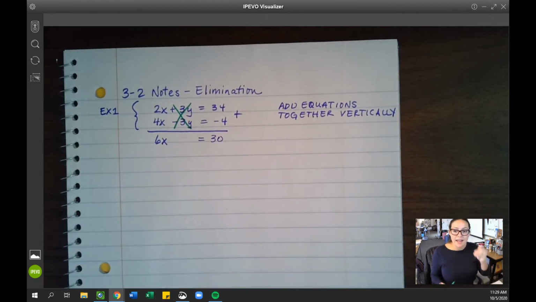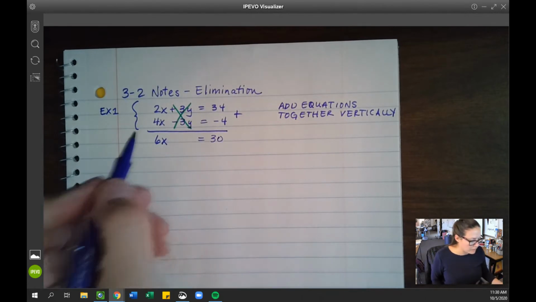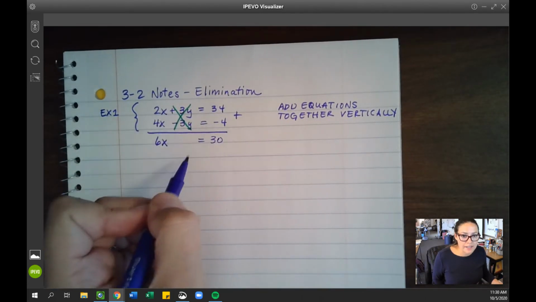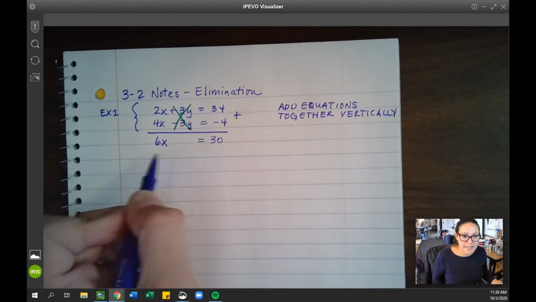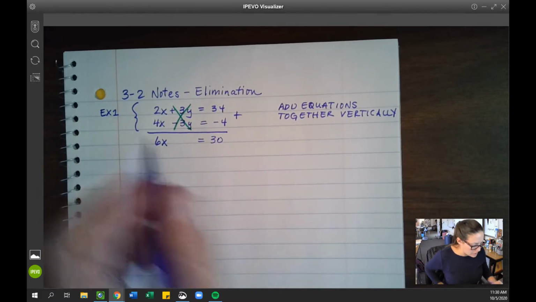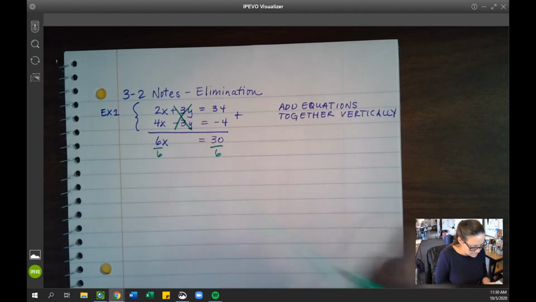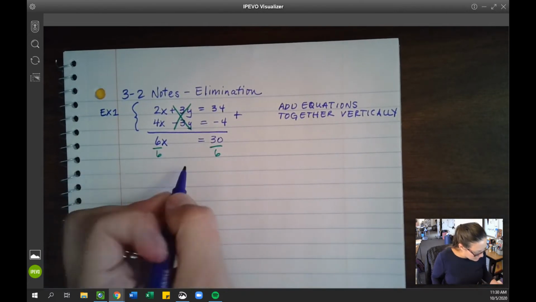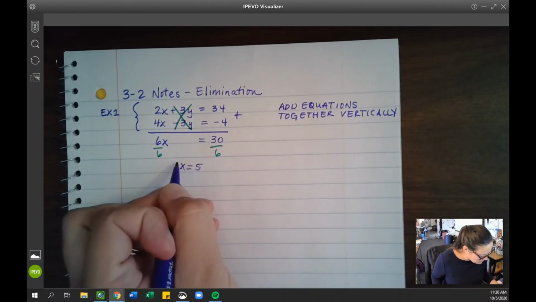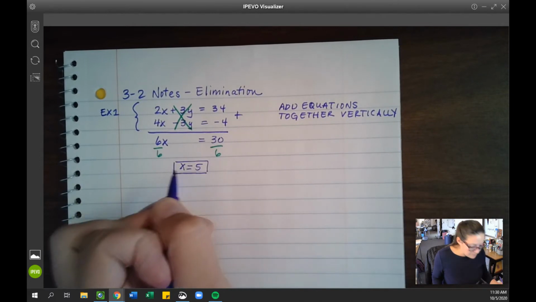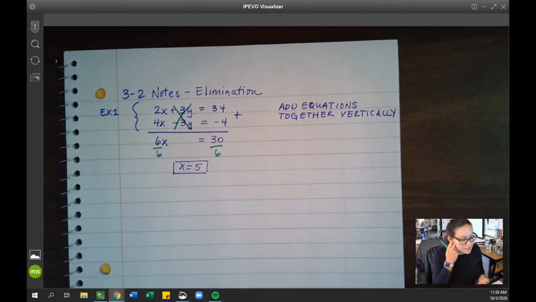So we add everything together, add the x's, add the y's, add the constants. And now I'm left with a one-step equation to solve for x. Divide by 6. And now I get x equals 5.